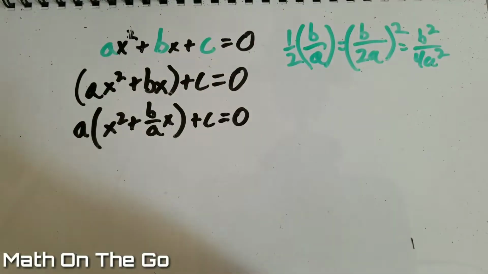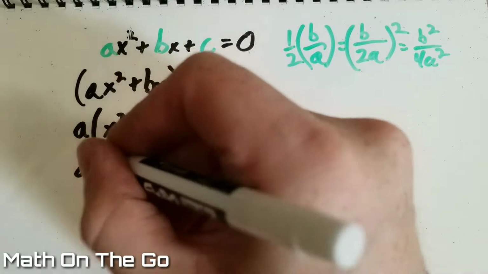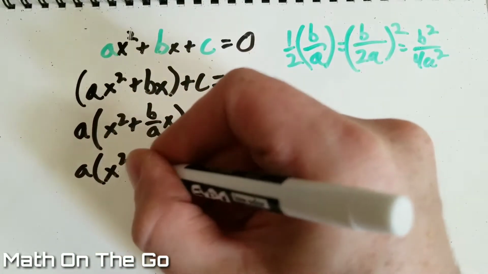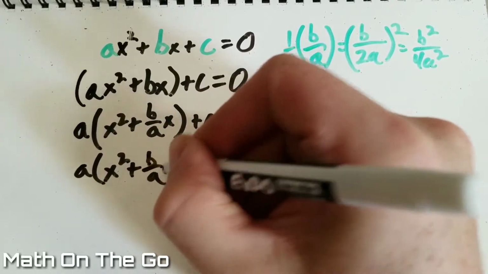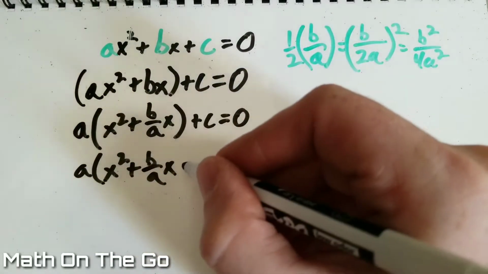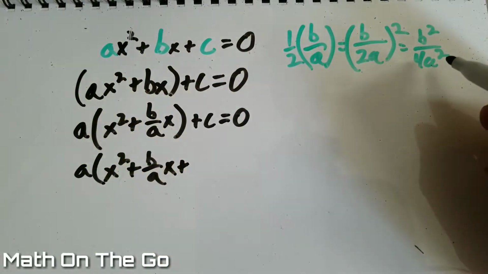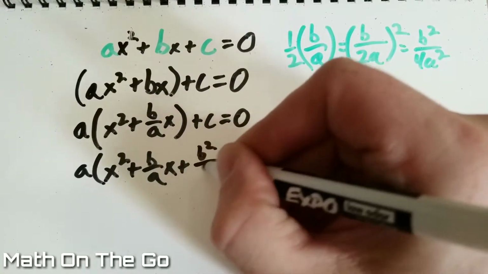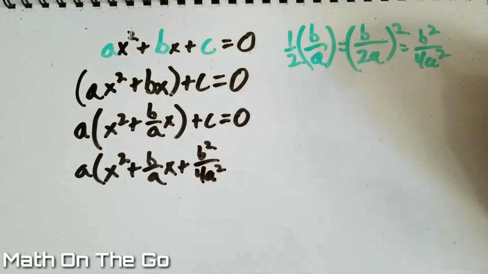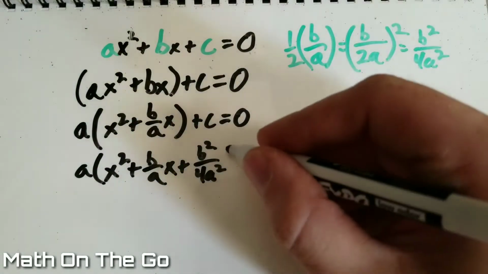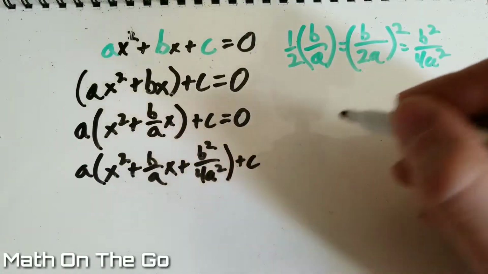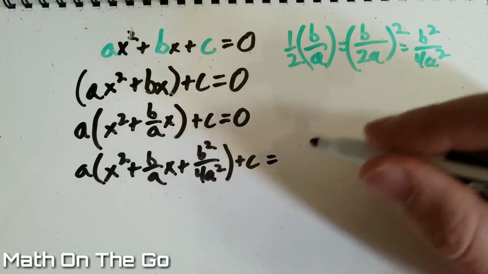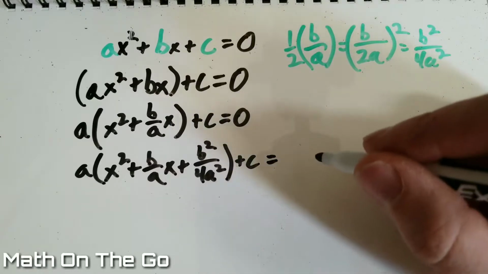So now what we're left with is a, x squared plus b over a x plus our b squared over 4a squared, and our plus c equals, well, it doesn't equal 0 now.